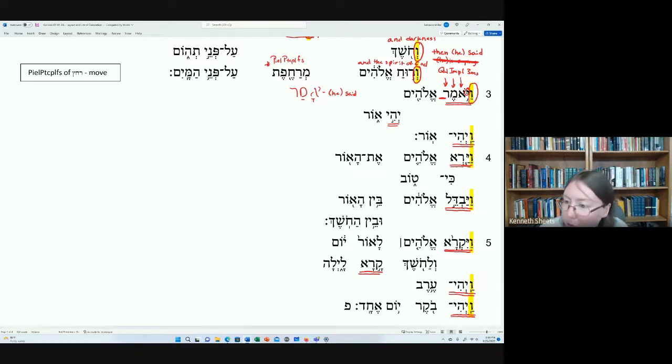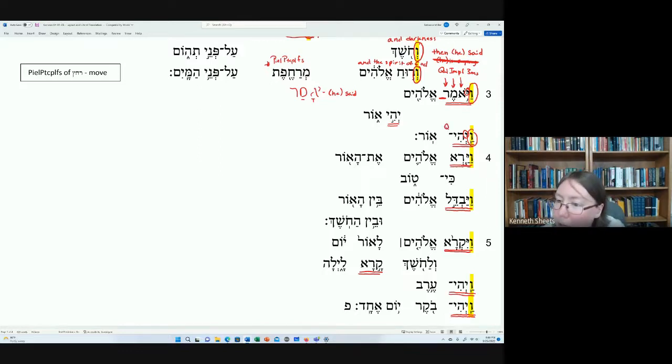Again, here's the vav consecutive, here's my imperfect preformative, the yod. Oh, what does that yod indicate? Let's see. Aleph indicates first common singular. The nun indicates first common plural. The yod indicates third masculine singular or plural. I look to the end to see if there's a U class vowel. There's not, so I know it's singular.